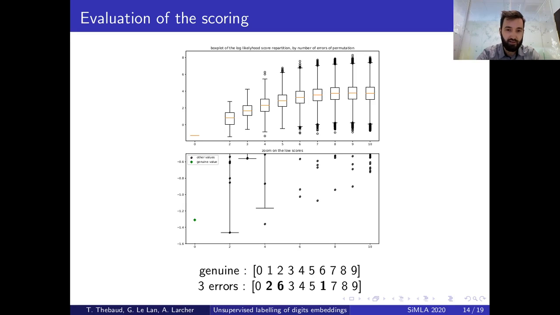And by looking at that graph, we can see that our genuine permutation, the permutation we want to use, without knowing it, is one of the best permutations, one of the best scores.